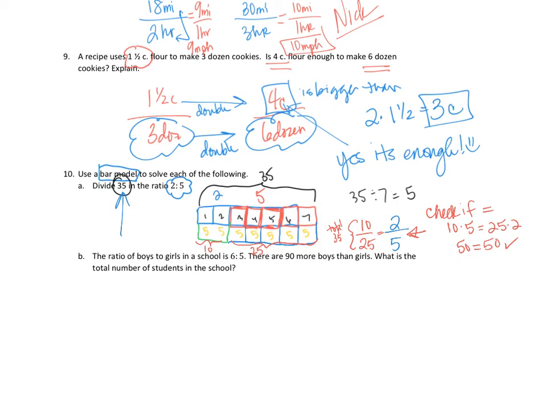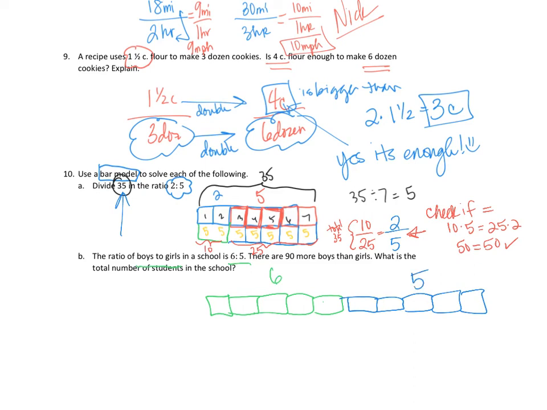This time we're looking at the ratio of boys to girls to be 6 to 5. So I have 1, 2, 3, 4, 5, 6 to 5. Let's make the girls here: 1, 2, 3, 4, 5. So 6 to 5.